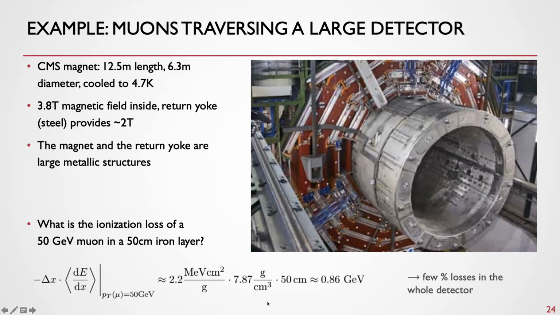That's what we mean when we say that a muon can traverse the detector. So if there are very thick steel structures, we may lose a few percent, but it is still very impressive and modest enough to have a muon momentum measured accurately outside.